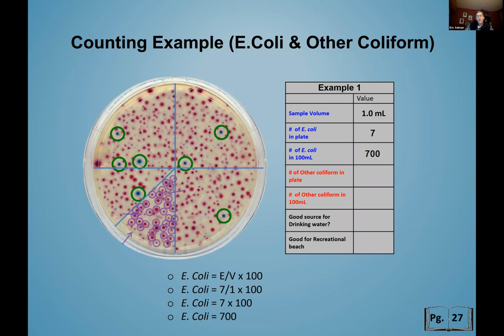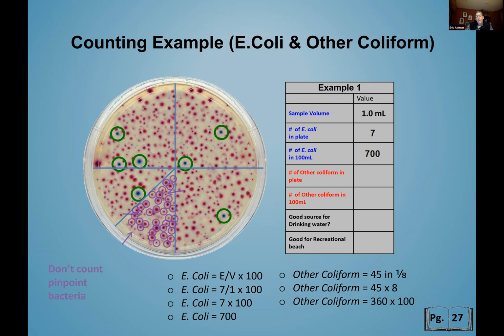This is a point of a little bit of subjectivity, but essentially we're trying to count the ones that look like they grew bigger than a tiny dot the size of a period. So in this case, we had 45 that were in 1/8. That's our count for other coliform bacteria. So that's an example of how you would count.